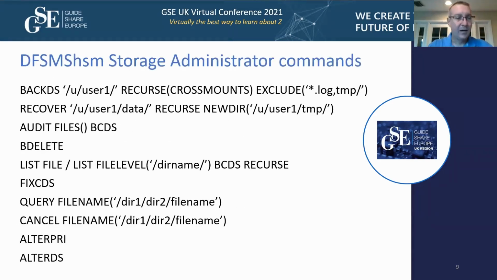Okay, moving on. As part of the support, we did update all the storage administrator commands. So BACKDS, you can use those, but those have the requirement that the directory or file that you're requesting must be an absolute path.